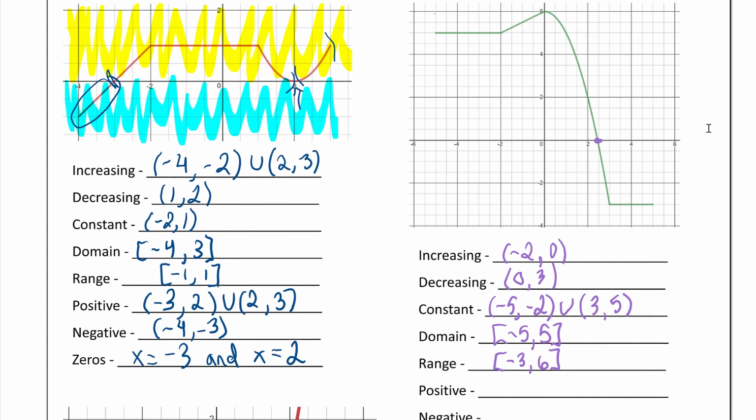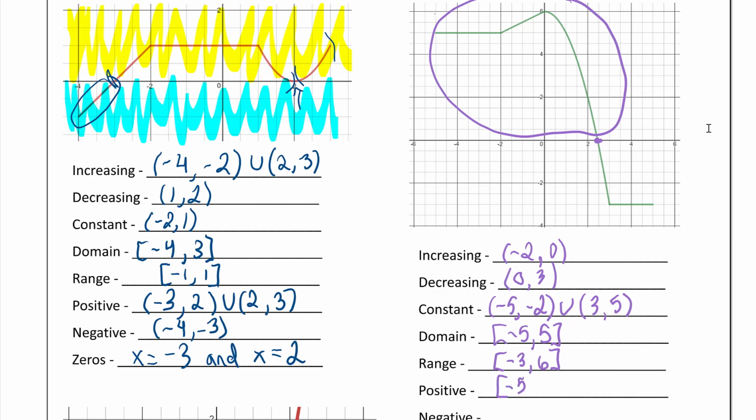But on this graph, we can see that this whole section up here, all of these y values are positive. That's what we are trying to define when we define where is this positive. So from -5 to 2.5, we are positive. And we could put a bracket around -5.